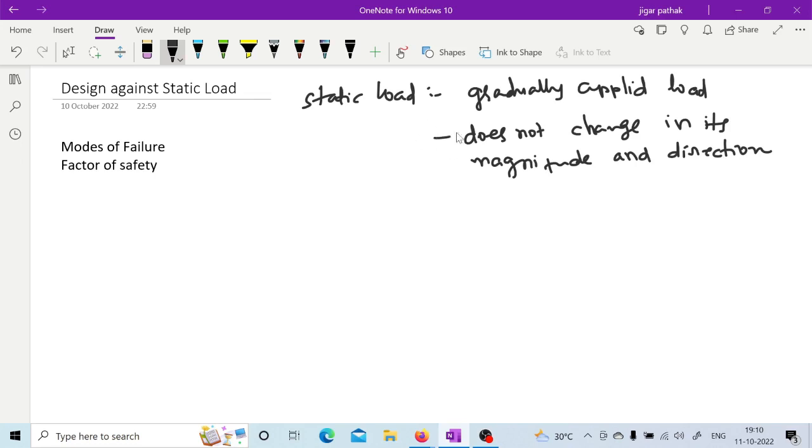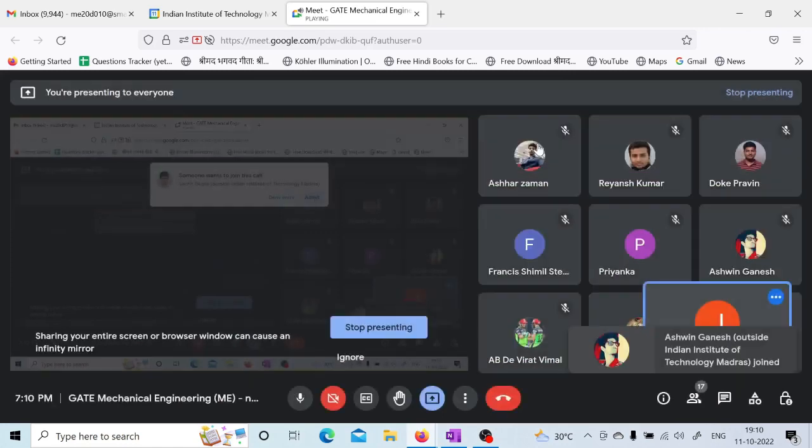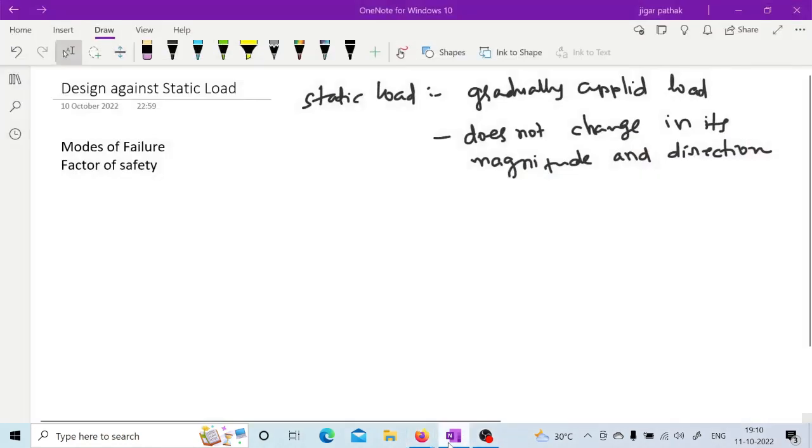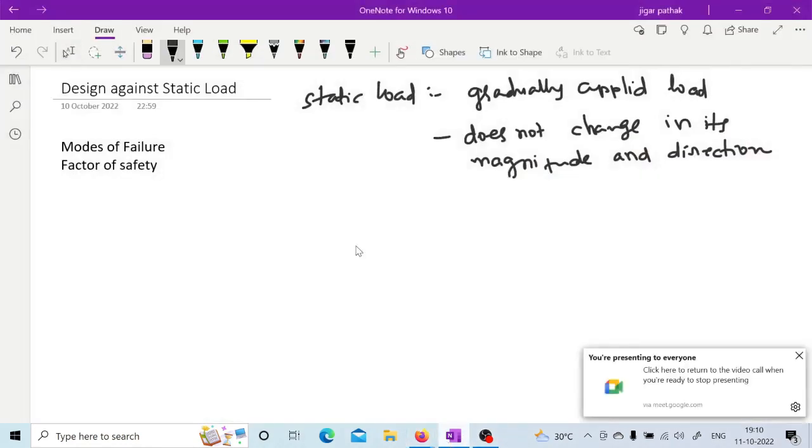So this is how you can define the static load.